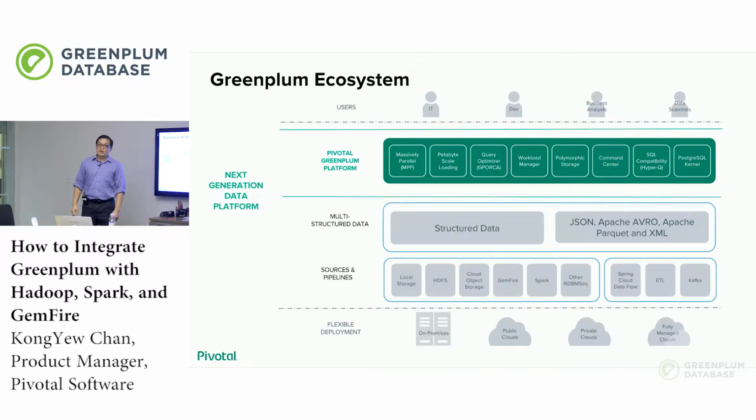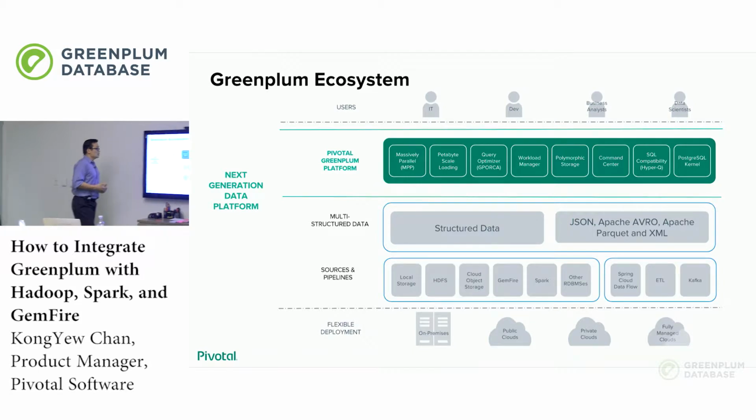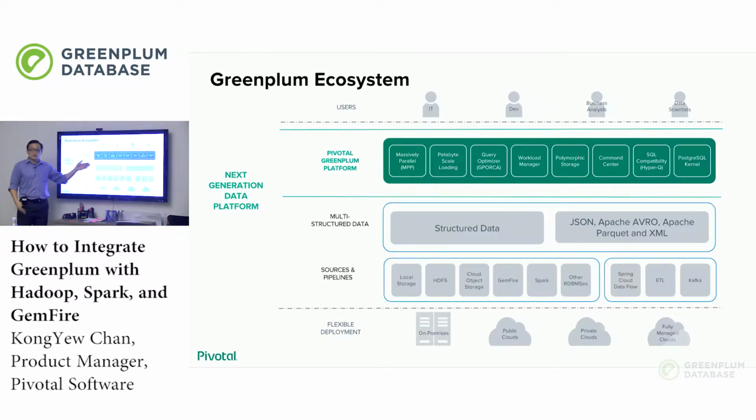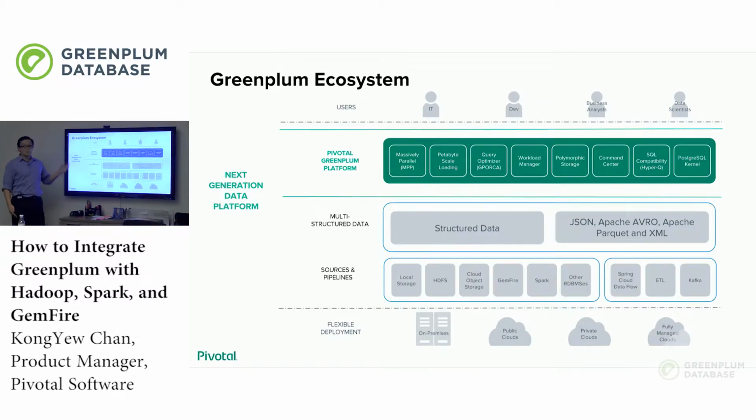So today's talk, I want to talk about a couple of things, and let's start with the Greenplum ecosystem. The Greenplum ecosystem allows you to access structured and unstructured data. Structured data would be the columns and rows that you have within your tables. Unstructured data would be JSON, Avro, or even files that are semi-structured data.